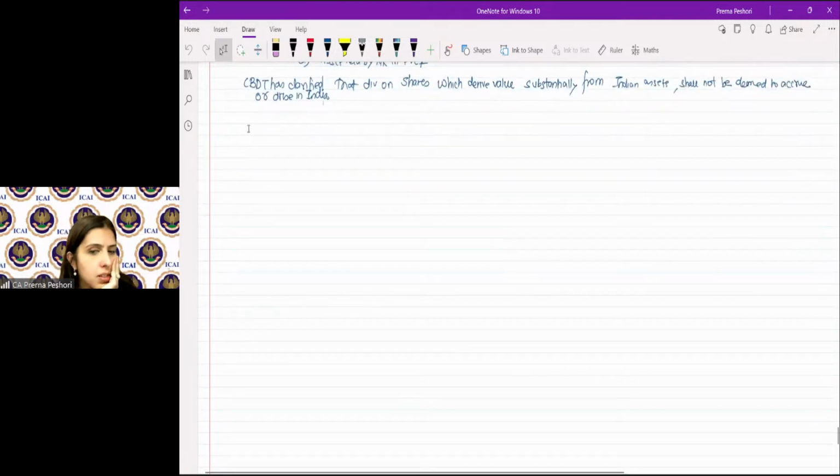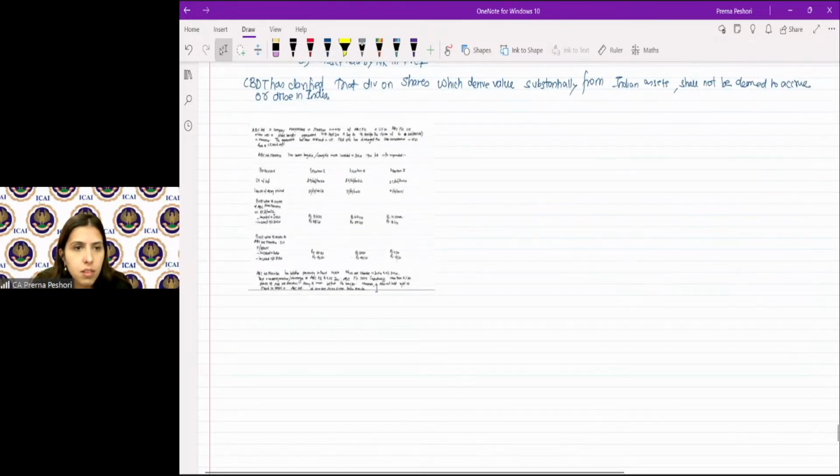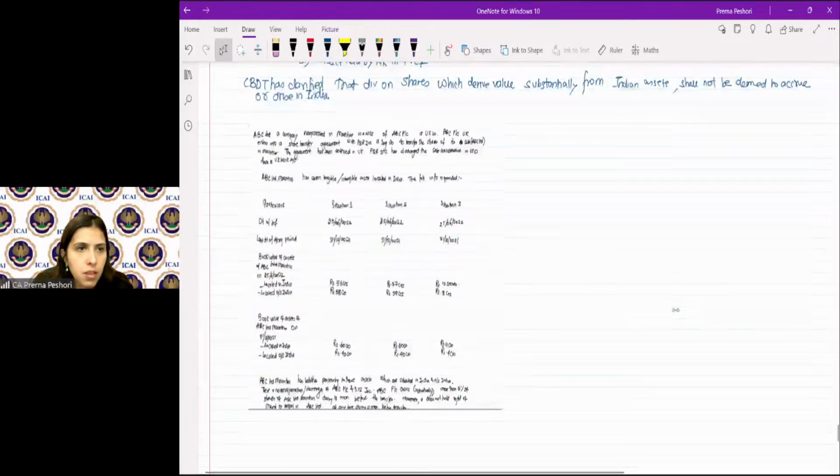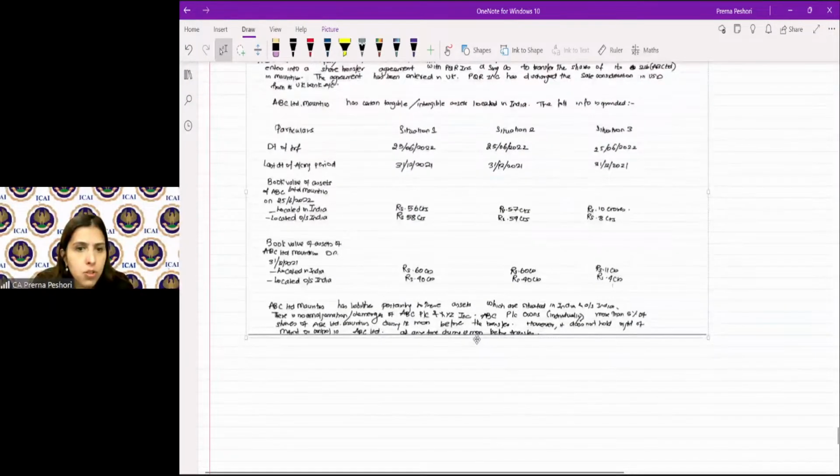Hope it gets copy pasted now. No, it's not getting pasted. Yeah, it's done. Actually, this app works very slow, so that's why I face a lot of problems. I hope you are able to see the question.